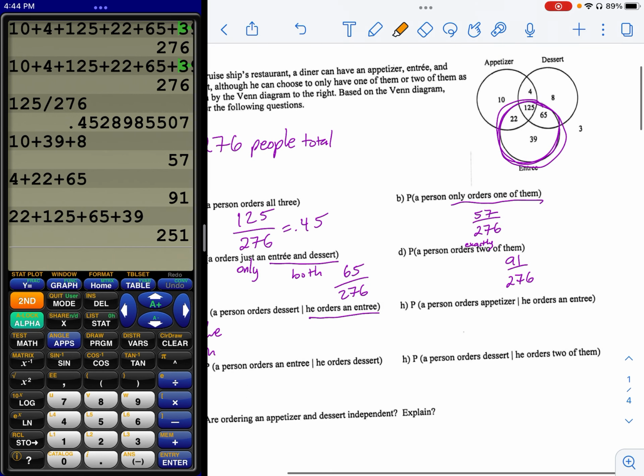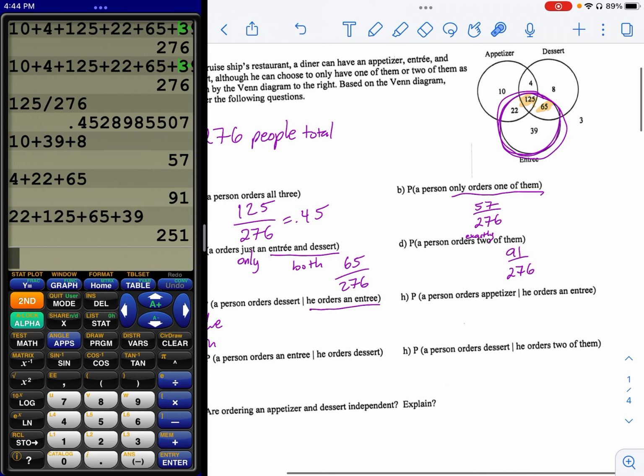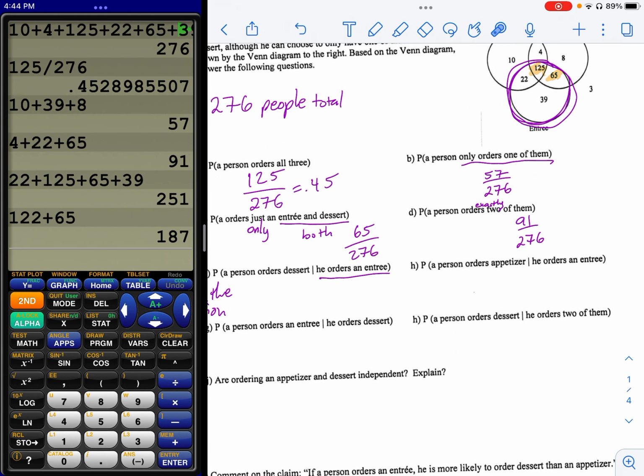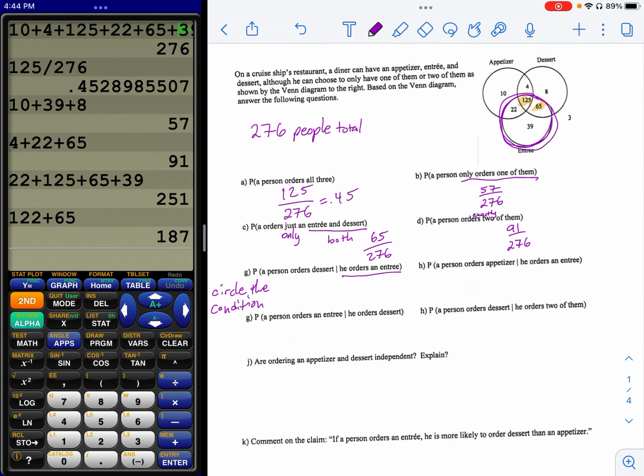The dessert was ordered by this and this, the 125 and the 65. 125 ordered all 3, but they have a dessert. 65 ordered dessert and an entree. The others did not order a dessert. So 122 plus 65 is 187.